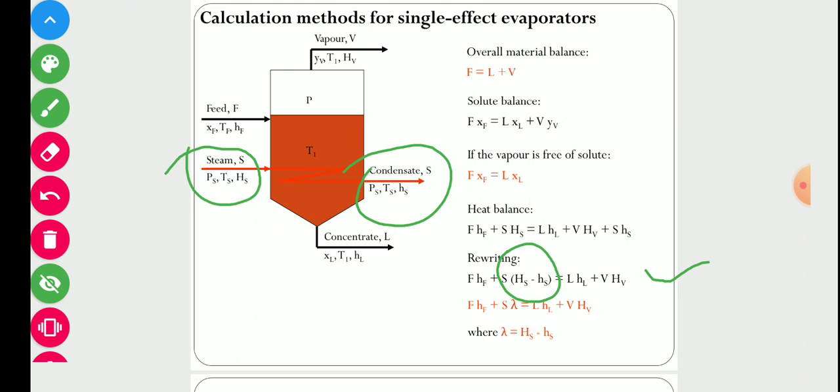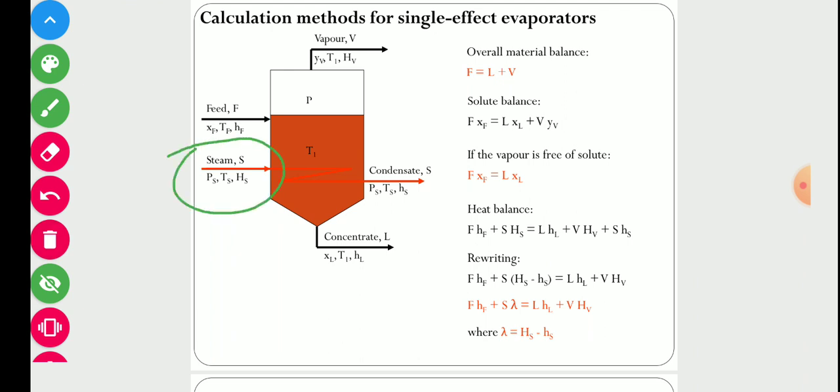Now our assumption is that the steam is available at its saturation temperature, and condensate is also at its saturation temperature. So the only energy transfer is due to heat of condensation only. There is no sensible heat. But if the steam is superheated, then we get sensible heat plus heat of condensation.